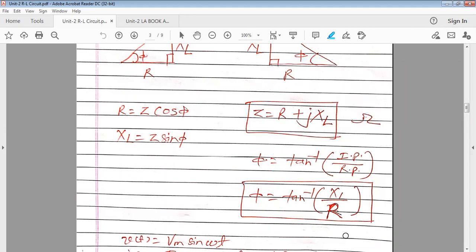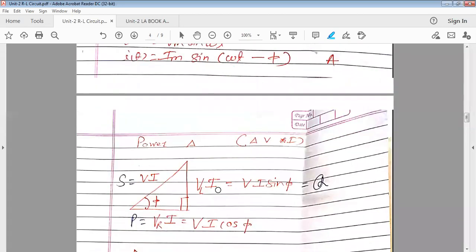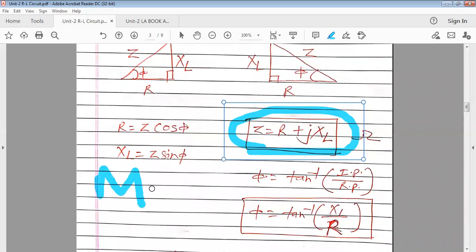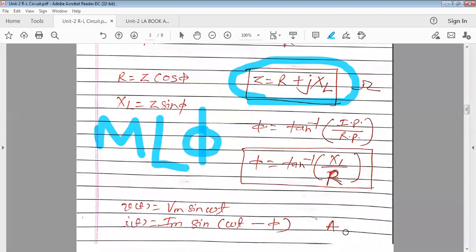So how you can calculate Z? Its magnitude, square root of R square plus XL square. Z, this one you can write in terms of magnitude and angle, isn't it? So magnitude will be square root of R square plus XL square, and angle is tan inverse of XL by R. Okay. So sometimes this one formula you have to use.